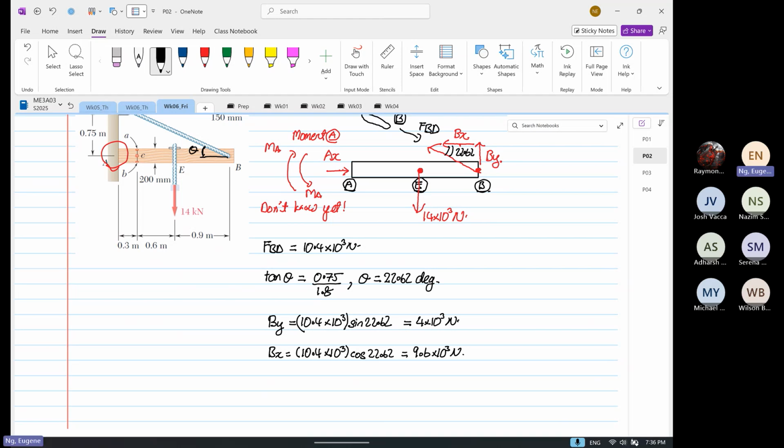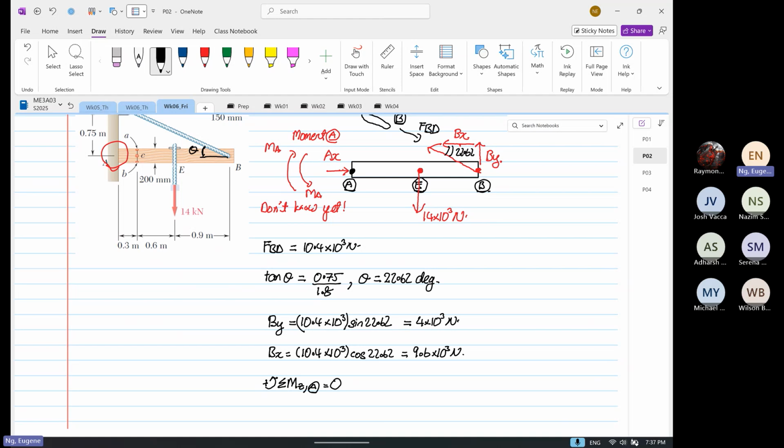So now if we're going to take moment at, let's say, I'm going to do something further. Okay, we are going to find the moment at point A. So what I'm going to do is take the summation of moments in the z-axis at point A, and the whole thing is equal to 0.